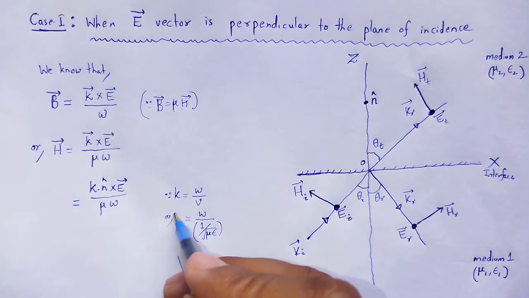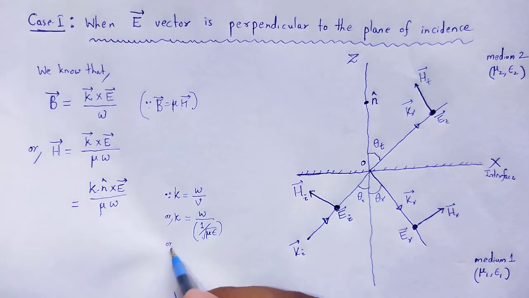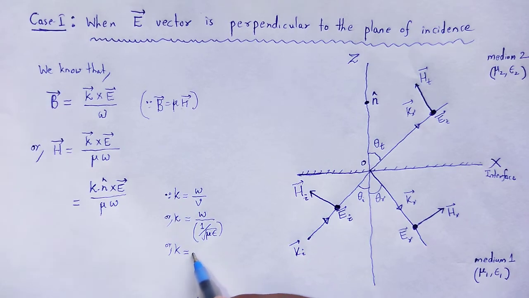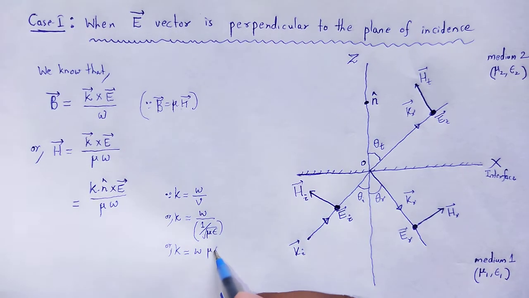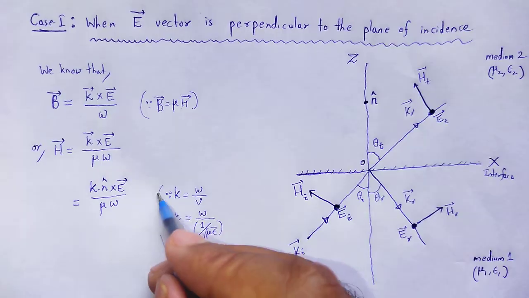So here K is written as omega under root of mu epsilon.